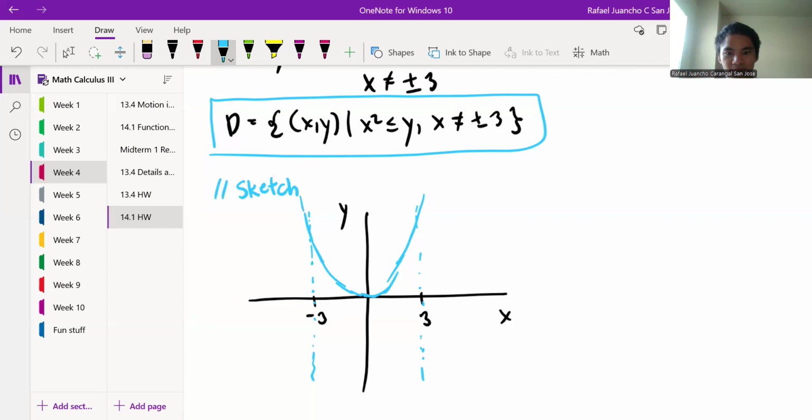And here we're saying it's less than or equal. So where should it be actually? Yeah, I just realized, where in the world should this be? I think it should just be up here.